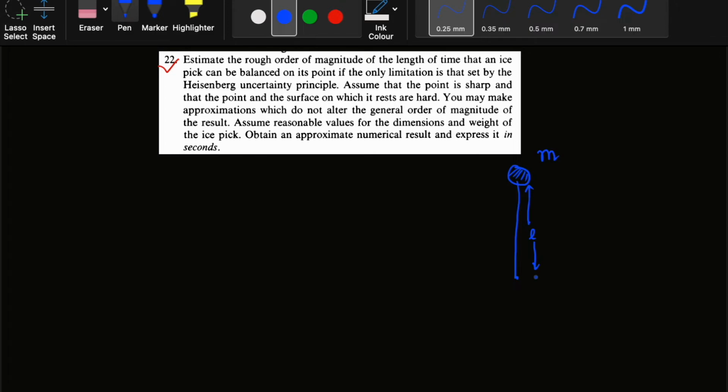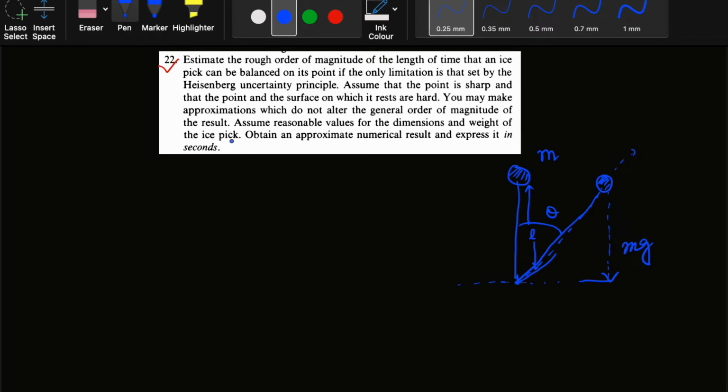Now if it deviates from here by an angle theta, then a torque will be applied on this deviated ice pick, which will be mg cross this vector.